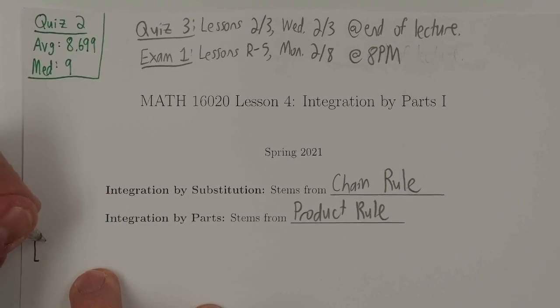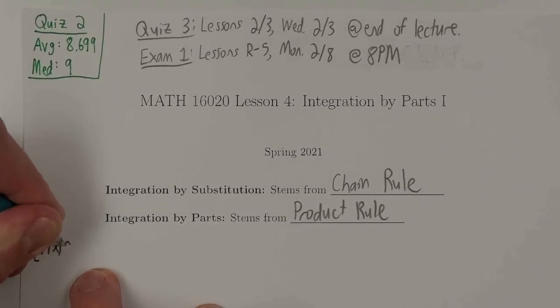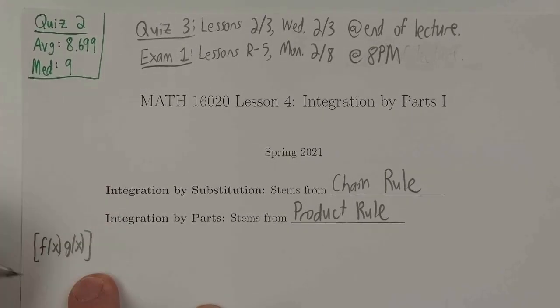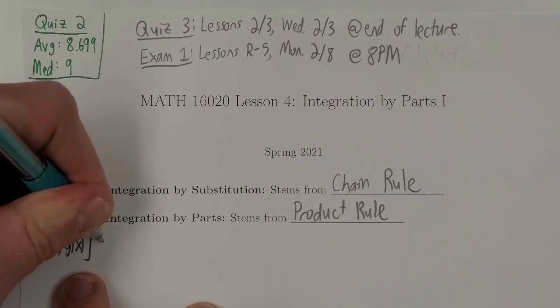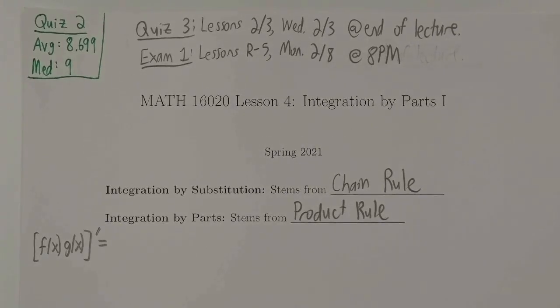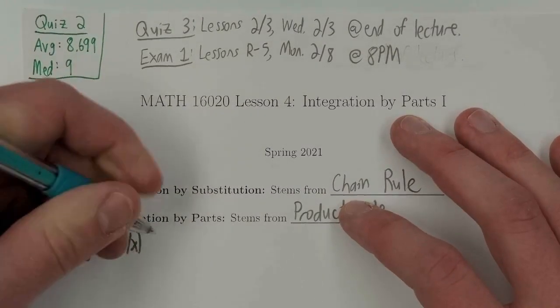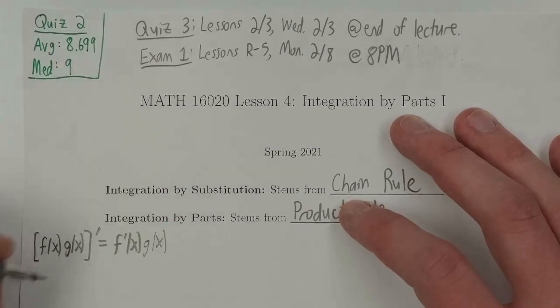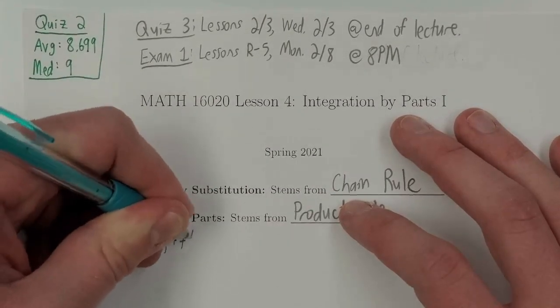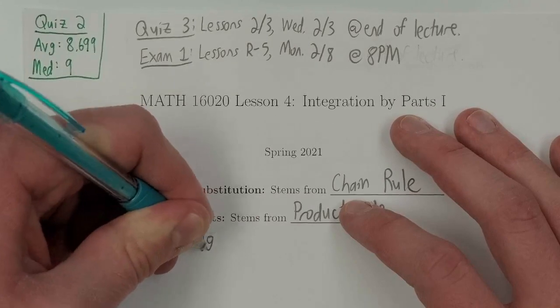If f of x times g of x is some product of 2 functions of x, and I wish to take its derivative, what does the product rule say this is? Right, so f prime times g plus f times g prime.